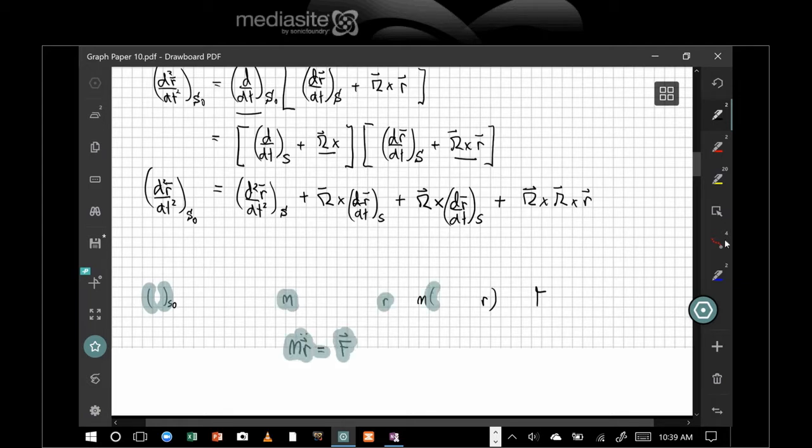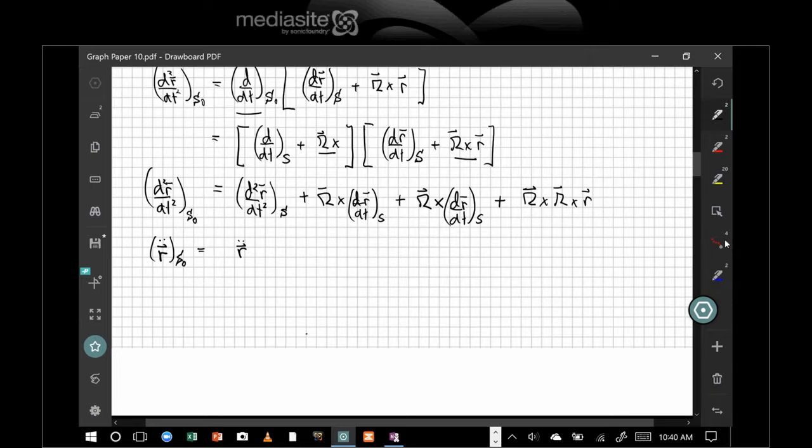Then I'm going to operate with this onto this. That's going to give me omega cross this velocity in the S frame. Now I'm going to take d/dt and operate on this thing here. Now you have to be careful. I'm assuming that omega is a constant, so that derivative is 0. I have to use a chain rule on this, but when it operates on r, that's just dr/dt in the S frame.